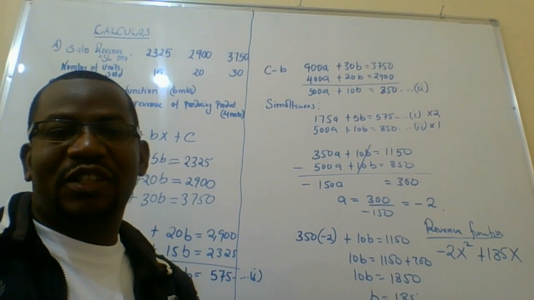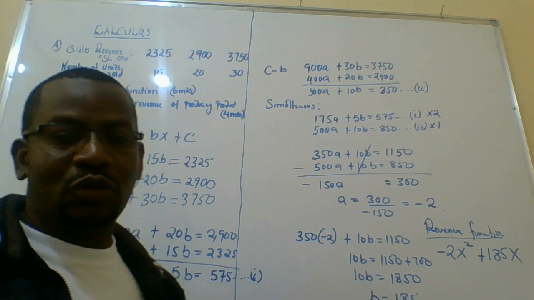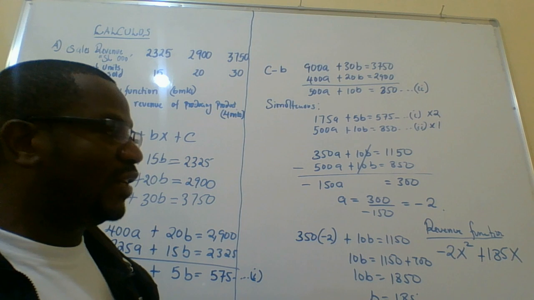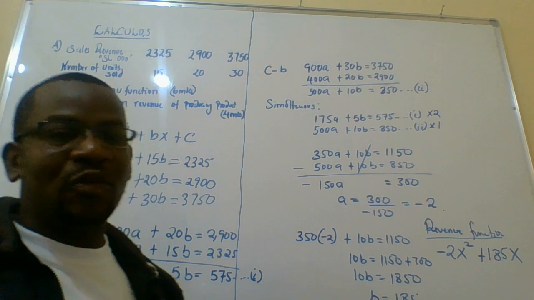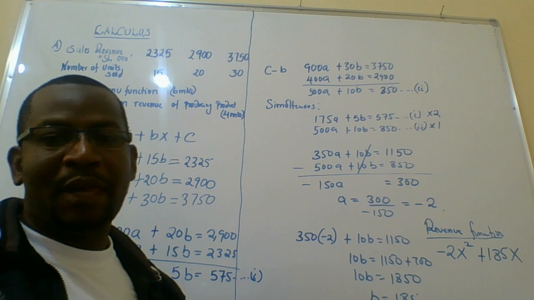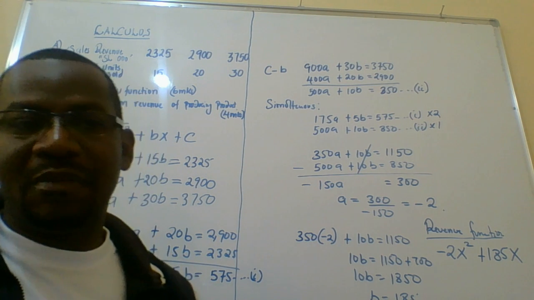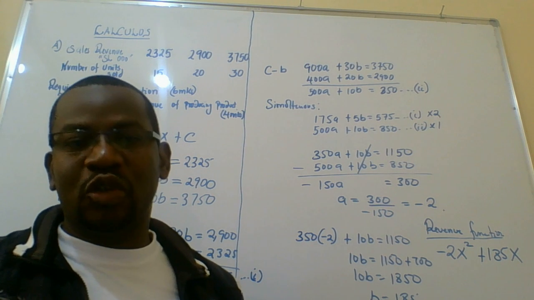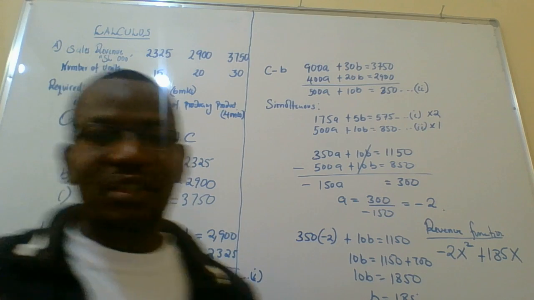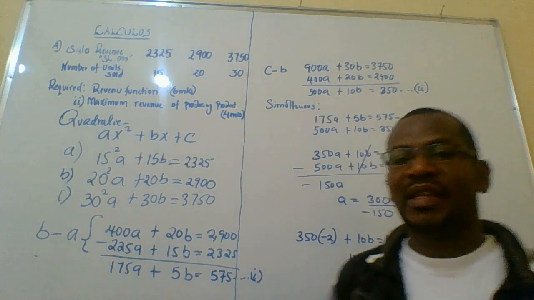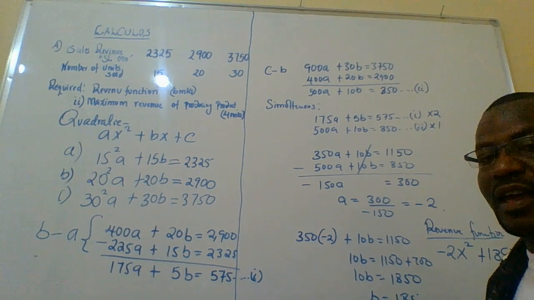That is our revenue function. It is negative 2x squared plus 185x. Now we shall proceed to Roman 2 and get x. The next video is about calculating for x. So thank you very much for that session.